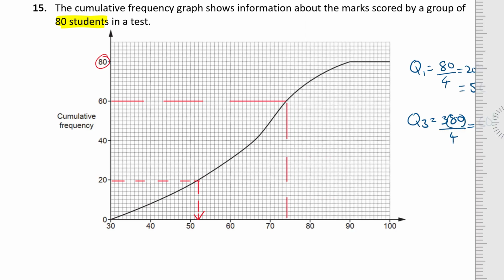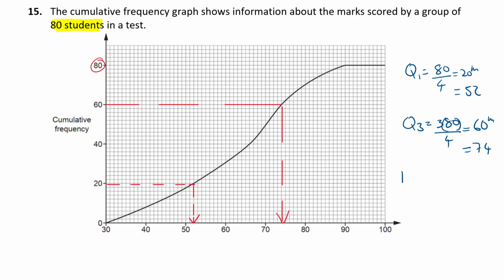Okay, so I make Q3 that value down there. Again, using one little square as 1 on my graph, I reckon that is 74. So my Q3 value is 74.